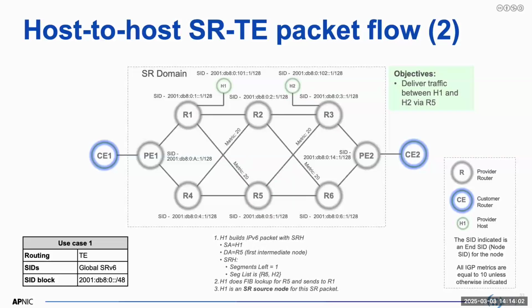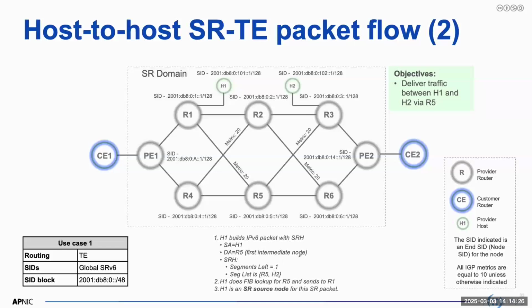So the list of segments is the first segment, then the next segment. The first segment needs to be in the destination address as well. Then we calculate the segment left field. Segment left is equal to the number of segments minus 1. So we have two segments, and minus 1 gives us a value equal to 1.